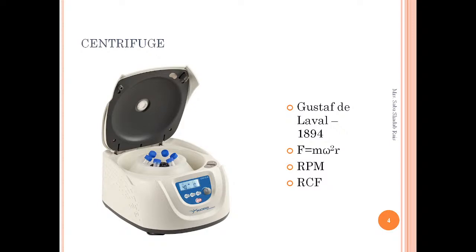So why do we use the centrifuge? It's a very essential instrument in cell and molecular biology, because until and unless you separate the cells, you cannot study them. It is generally used to separate biological components based upon their differential sinking properties.